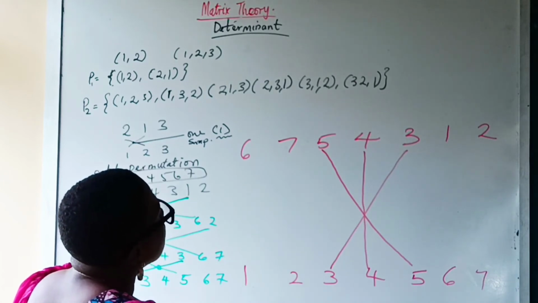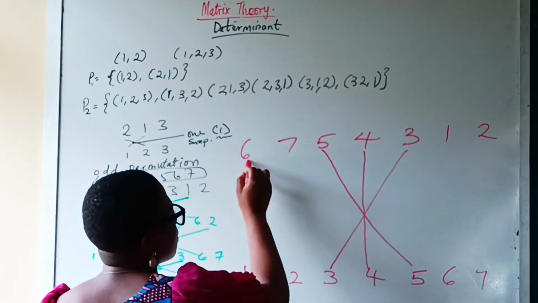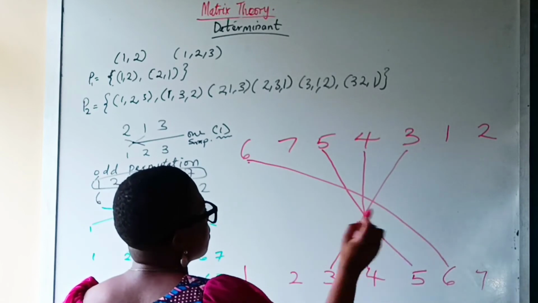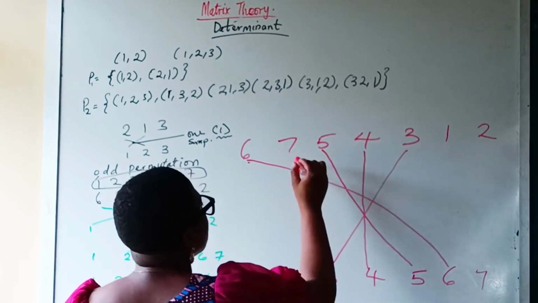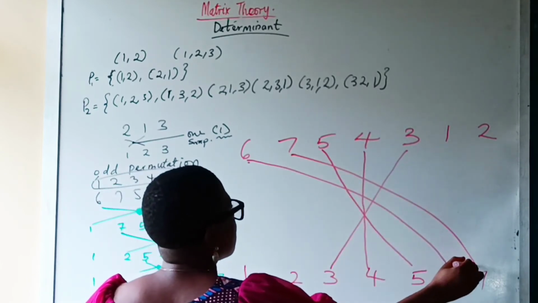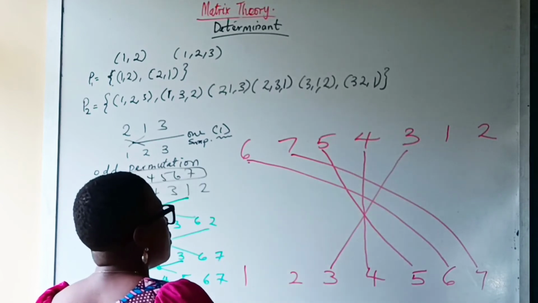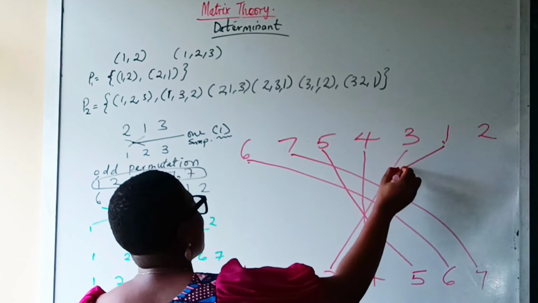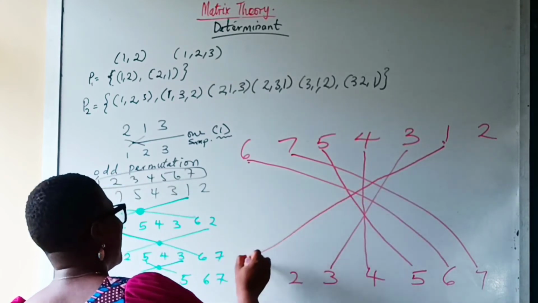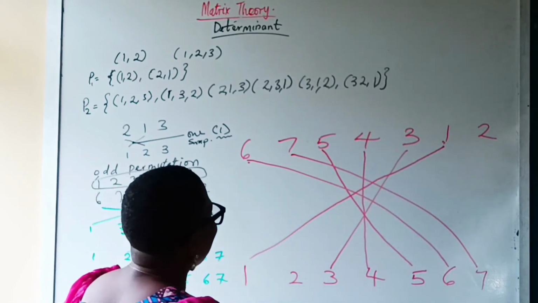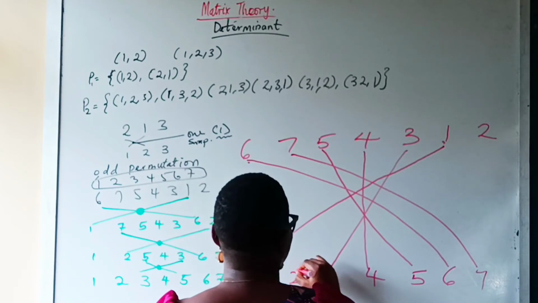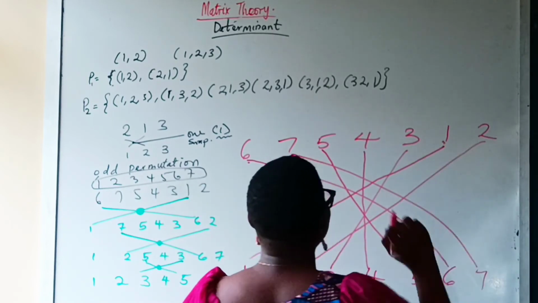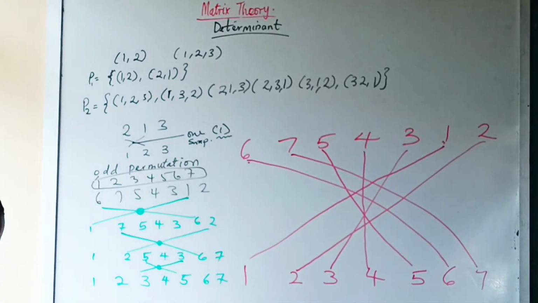Now 6 goes to 6, 7 goes to 7. Then 1 goes to 1, and 2 goes to 2. Perfect. You count what?